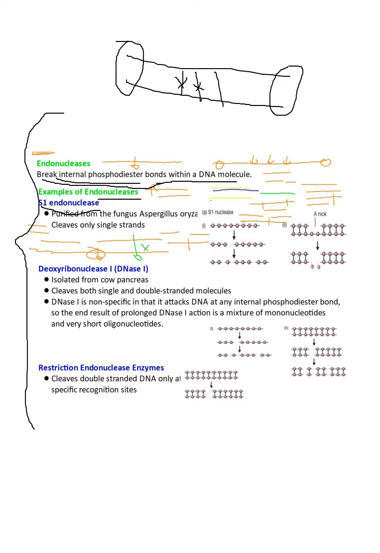endonuclease. This is purified from the fungus Aspergillus oryzae, and it cleaves only one strand. As you can see in this picture, talking about S1 nuclease, I have circled the function very clearly. It cleaves only one strand at a time. Let's say this is the DNA, and it cleaves only this part.